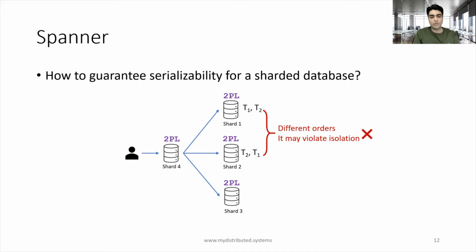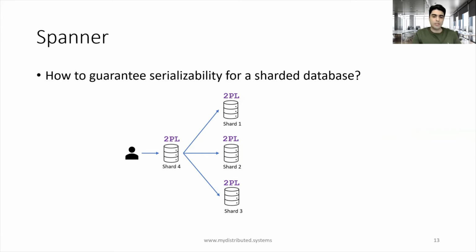And if two-phase locking aborts a transaction on shard 3 while the transaction has been committed on shard 1 and shard 2, then we have a transaction that has been committed halfway through, and this violates atomicity. So we cannot simply run two-phase locking on each shard.